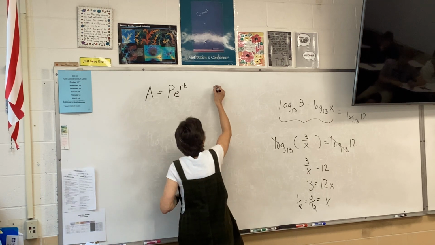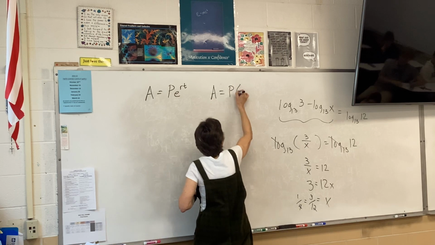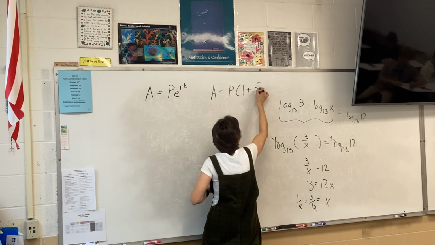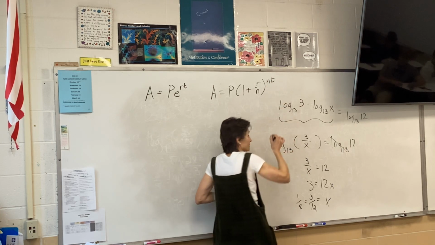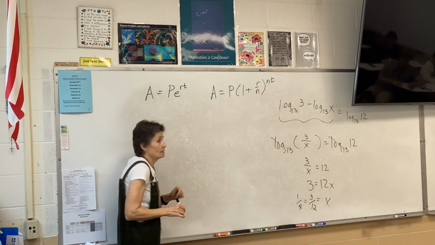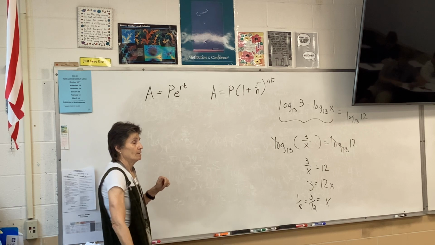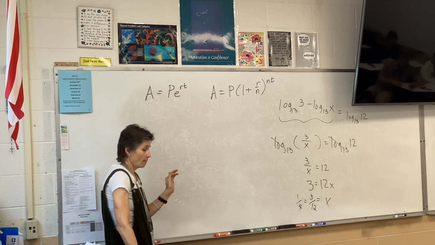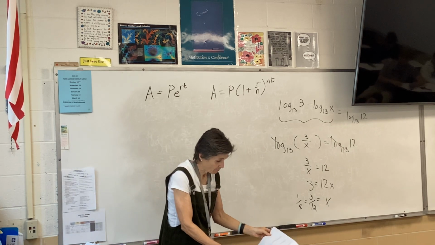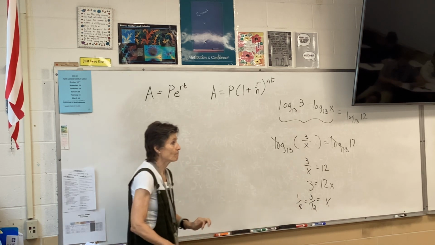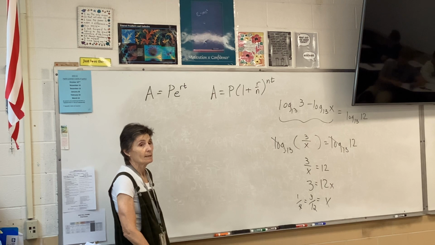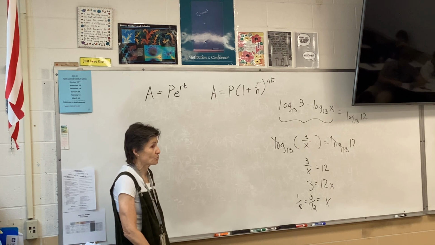And then we have A equals P times (1 plus R over N) to the NT. Every problem we do, and if you look, we got a couple pages of word problems here, is going to use one of these two formulas.